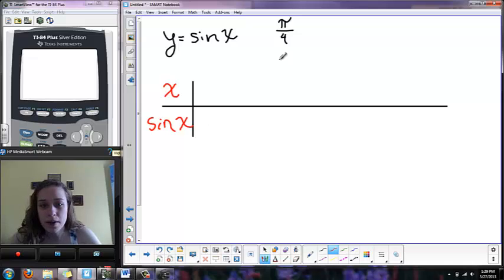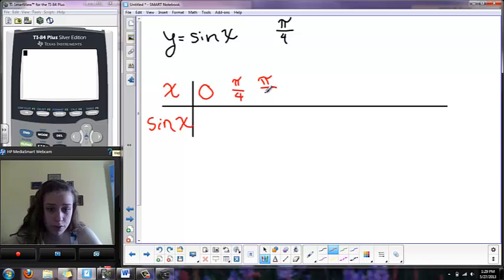When I mean counting by pi over 4, or 45 degrees, we're going to go 0, pi over 4, 2 pi over 4, which reduces, since 2 over 4 is really 1/2, to pi over 2.